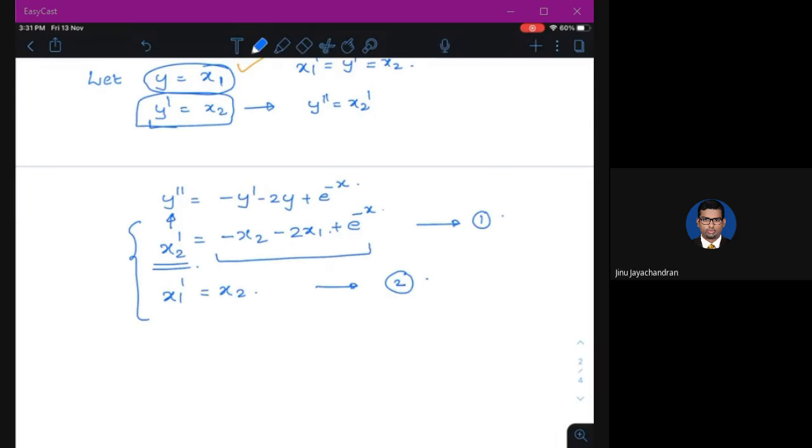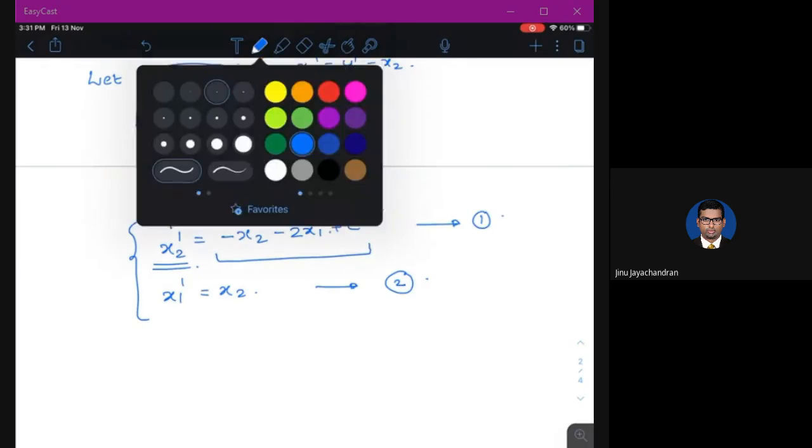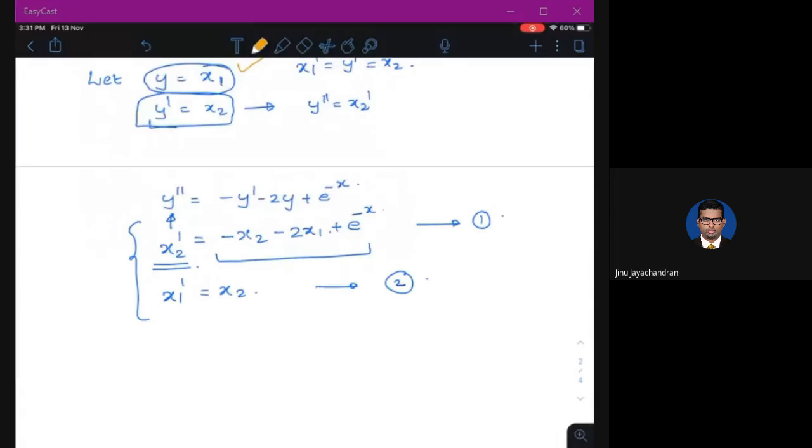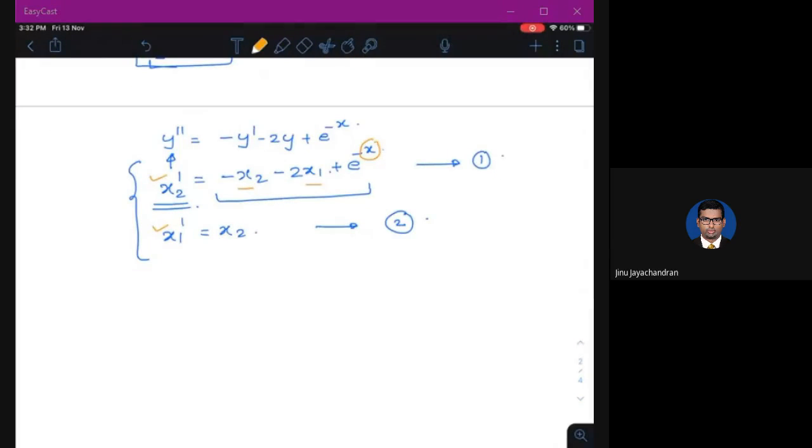If you look at the equations that we have currently written, there is only one differentiation, or one order, and the second equation also has one order. And all others are expressed in terms of x2 and x1, and x is fine because that is our independent variable, so it doesn't matter. Fine. Now you give these two equations to odeint to get the solution.